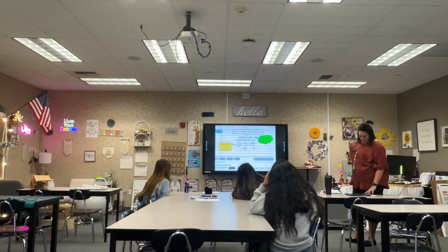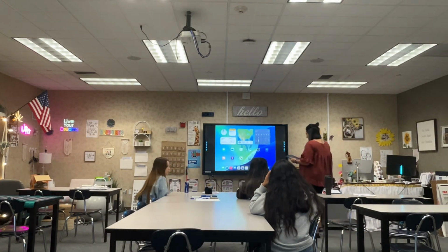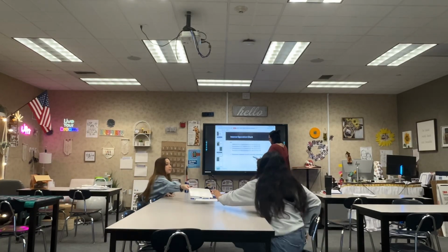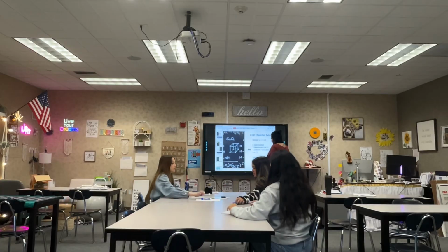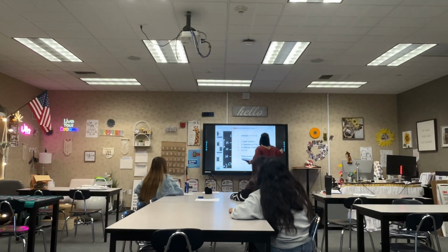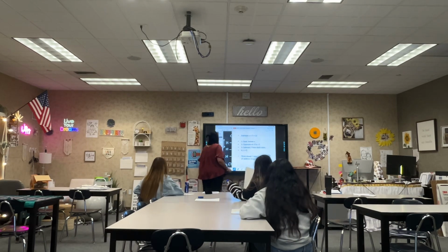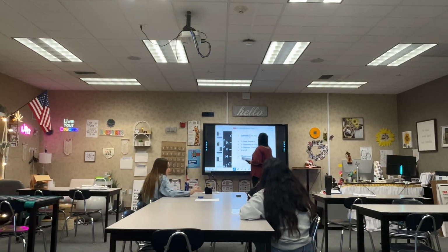Okay, you have a whiteboard in front of you. I want you guys to grab one. So first, we're going to work on this together. Our first example: I want to isolate this, correct?